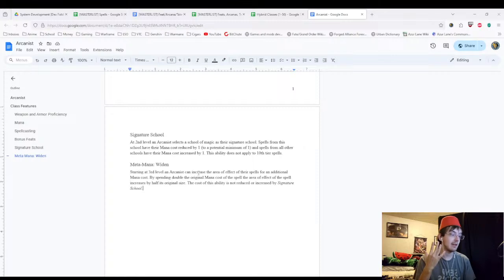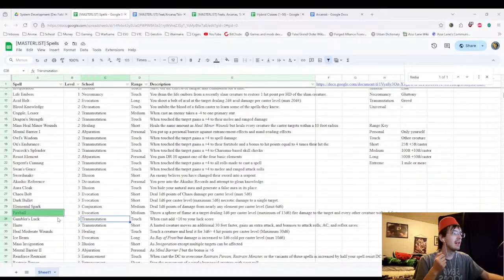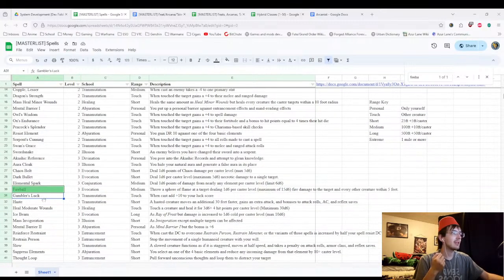Now, on the other hand, if this Evocation Arcanist were to cast, I don't know, Calm, and I think Calm is also a third tier spell. Actually, let's just look at the master list of spells. Mass Invigoration. That's a third tier spell. So if they cast Mass Invigoration, that's an illusion spell. The cost of that is increased from 3 to 4.